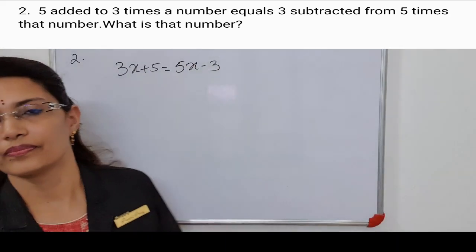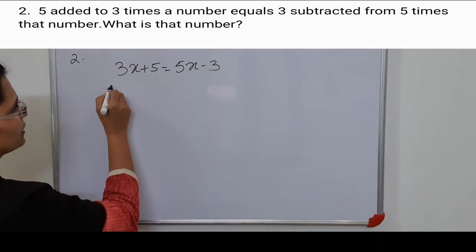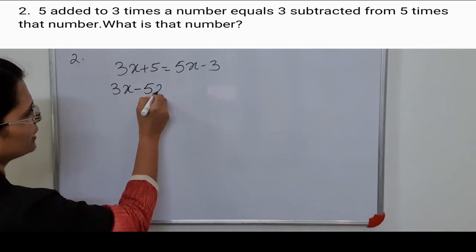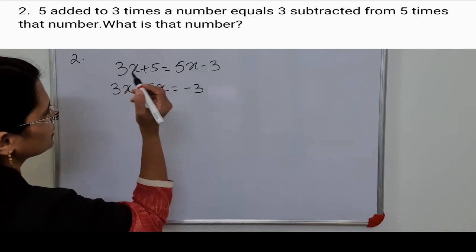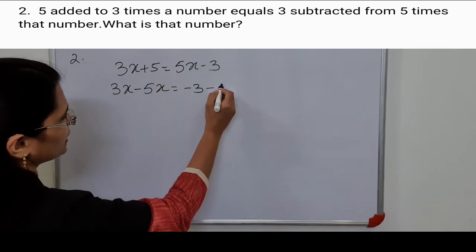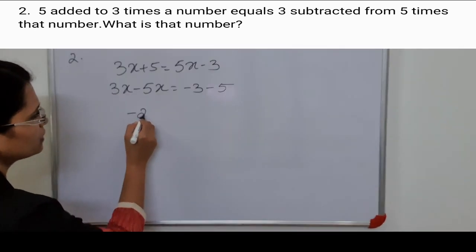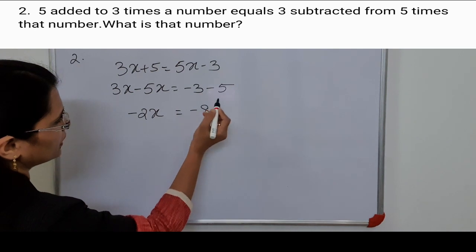Now, take the x terms together and constant terms together. 3x, this 5x to left side, so minus 5x is equal to, here it is minus 3, this plus 5 take to right side, that will become minus 5. 3x minus 5x equal to minus 2x, minus 3 minus 5 is equal to minus 8.